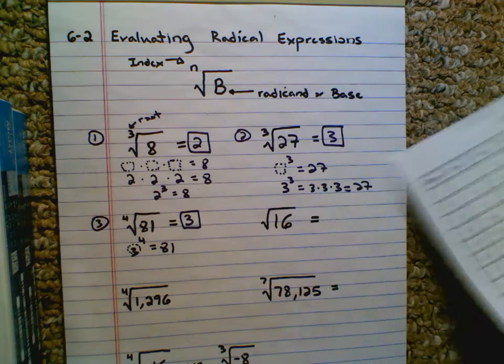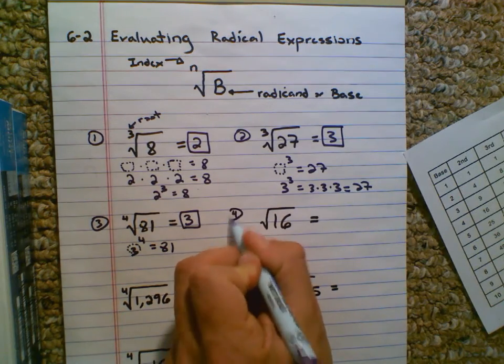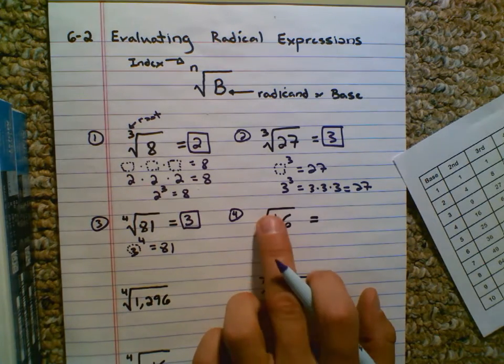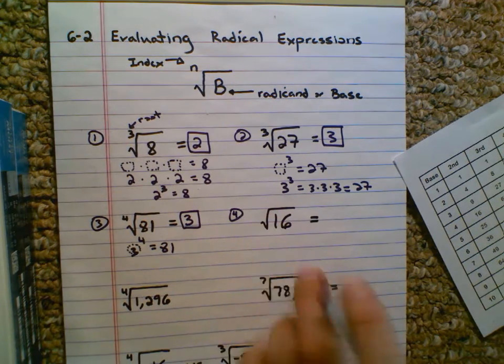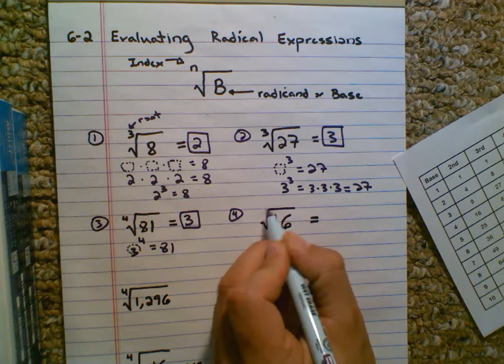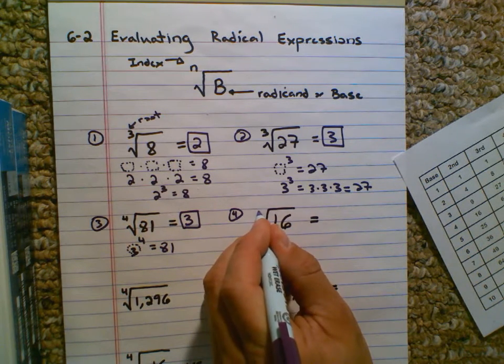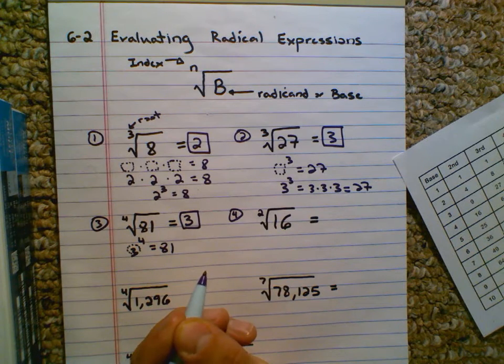Now, in example 4, you'll notice that the index is missing. There is no number written here as the index. In math, we call these square roots. Anytime the index is not written, we assume that the number there is actually a 2.